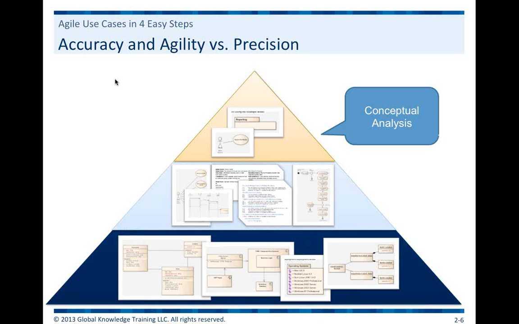So I can put many of those diagrams and user stories, if need be, inside those folders. That's the level where I'm going to spend most of my time. I call that a conceptual level of analysis. It's very high level, and this is where a lot of conversation and collaboration with your user groups and your customers has to take place in order to figure out what's getting built.